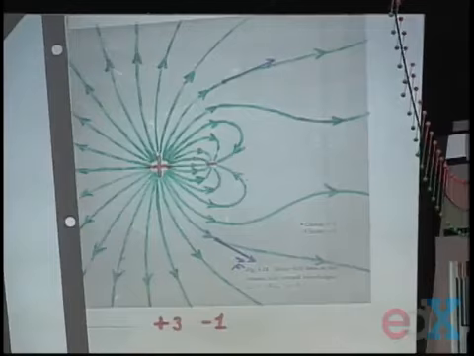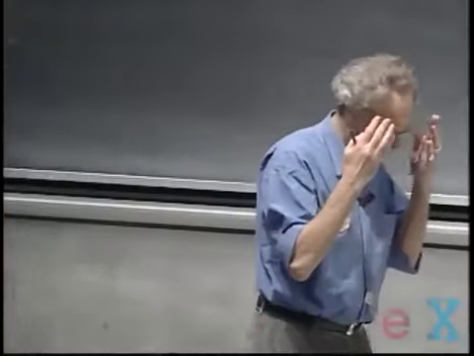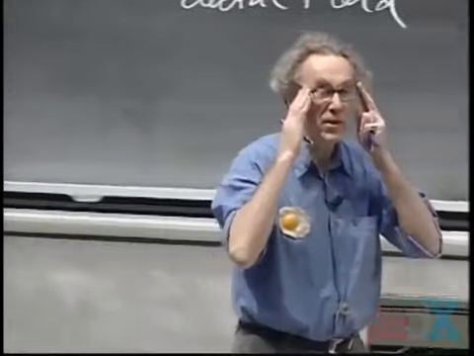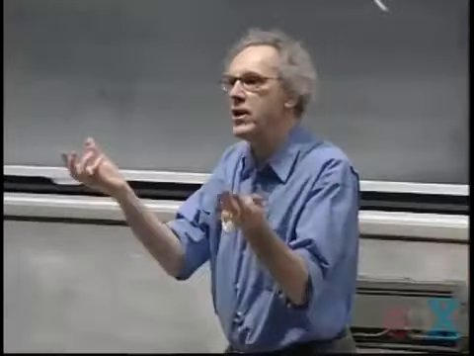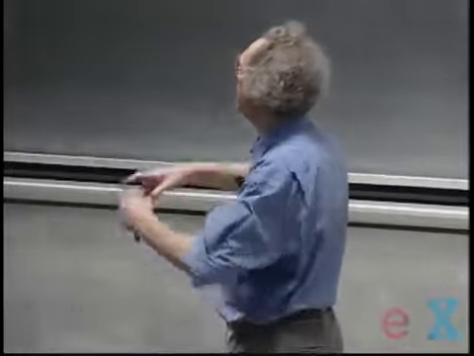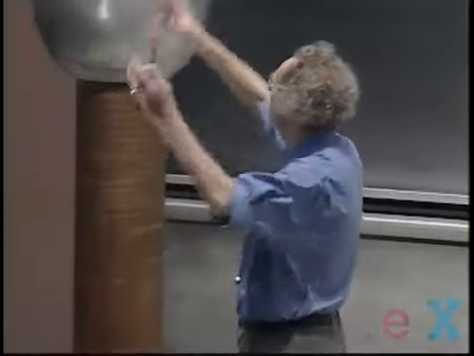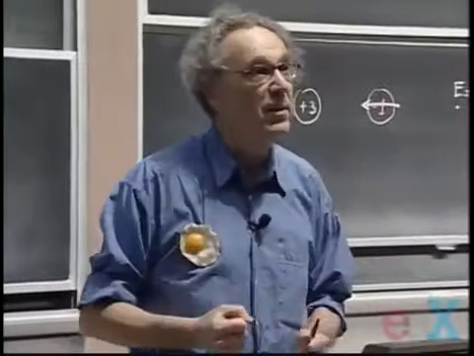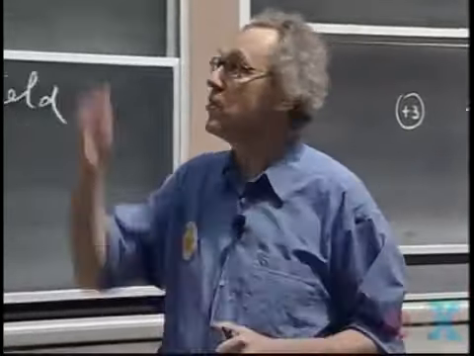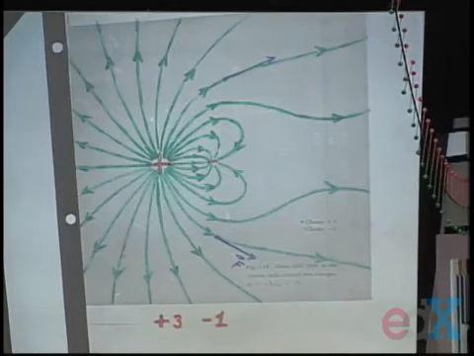You can sort of think of these field lines, if you want to imagine the configuration, as the plus charges blowing out air, like a hair dryer, and the minus sucking in air, like a vacuum cleaner. And then you get a feeling for there is on the left side here this hair dryer which wants to blow out stuff, and then there is that little sucker that wants to suck something in, and it succeeds to some degree. It's not as powerful as the +3 though.